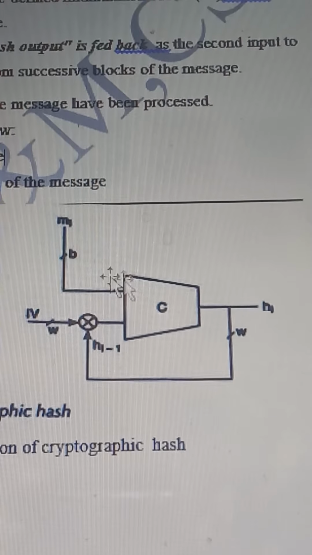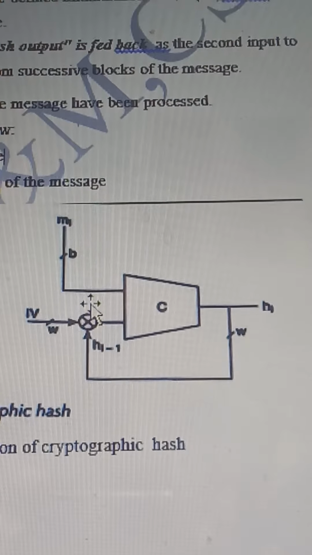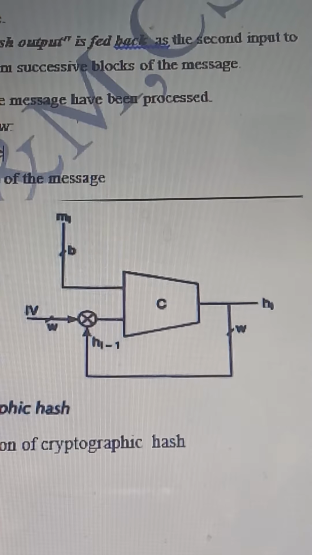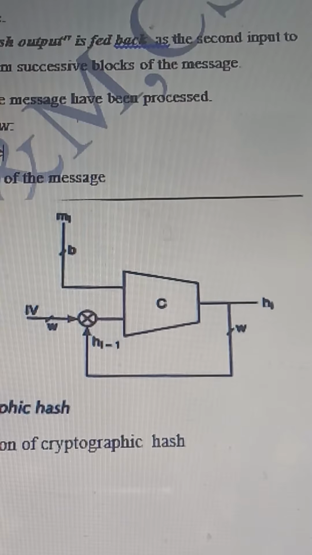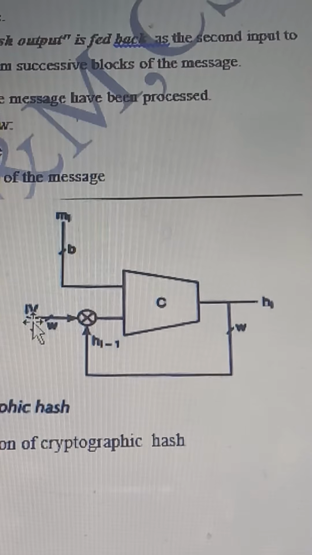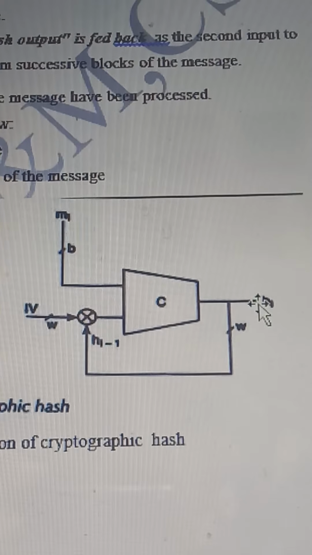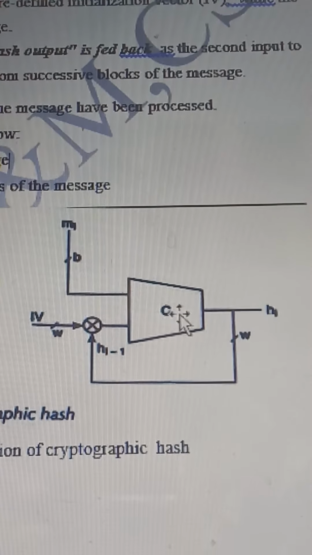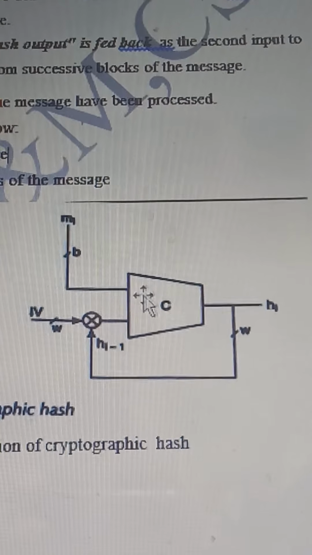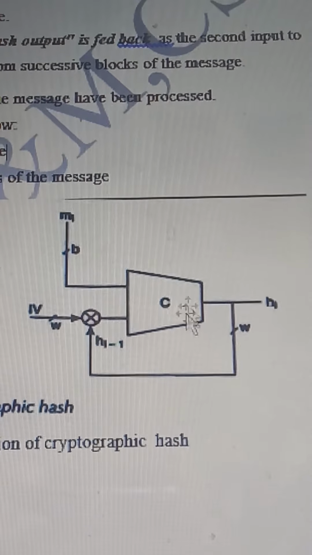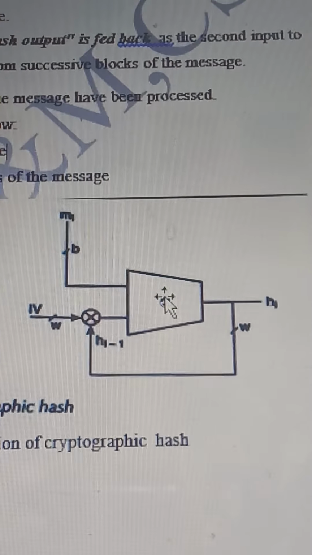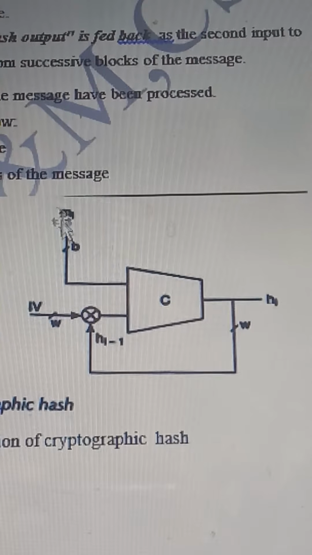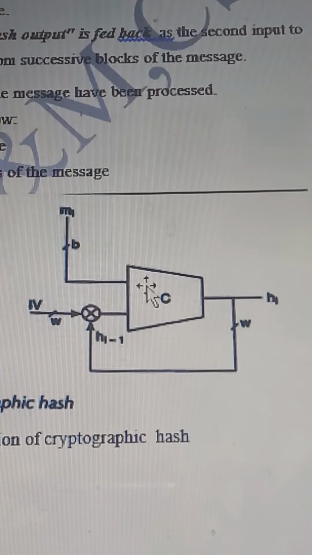Therefore, the operations that we have discussed can be summarized through the equation as follows. We have the output H equals the output which is coming from the C box, C of the initialization vector comma M1, during the first iteration.